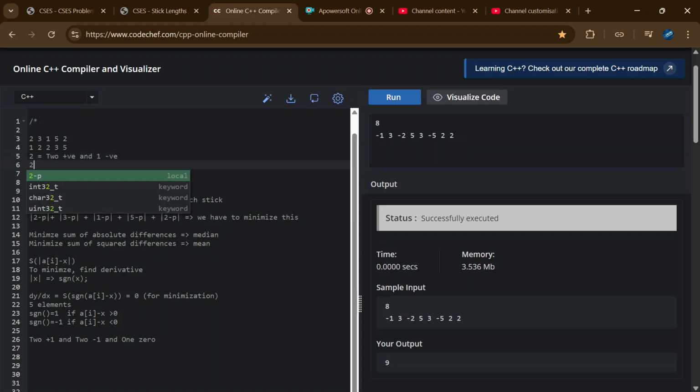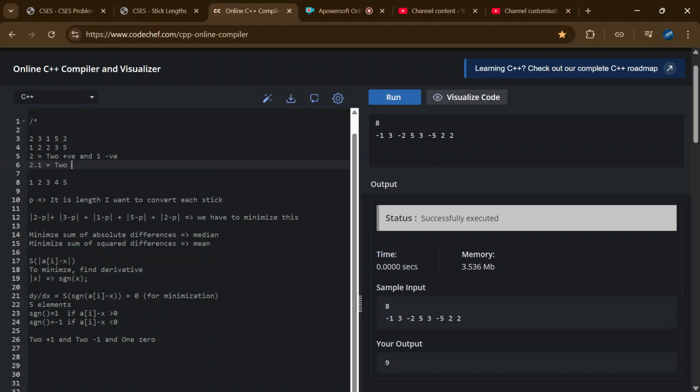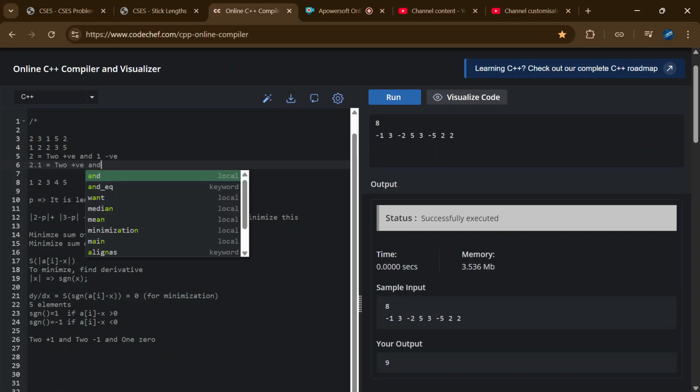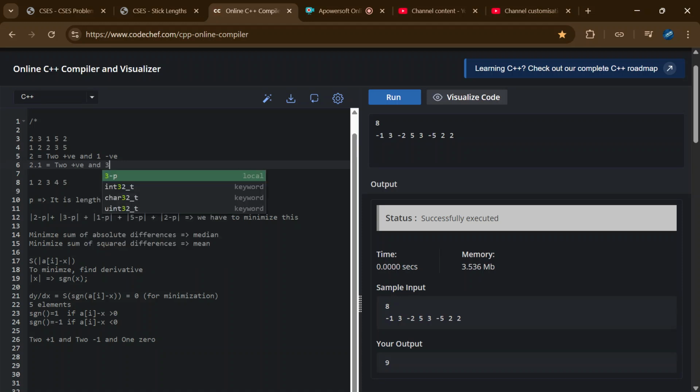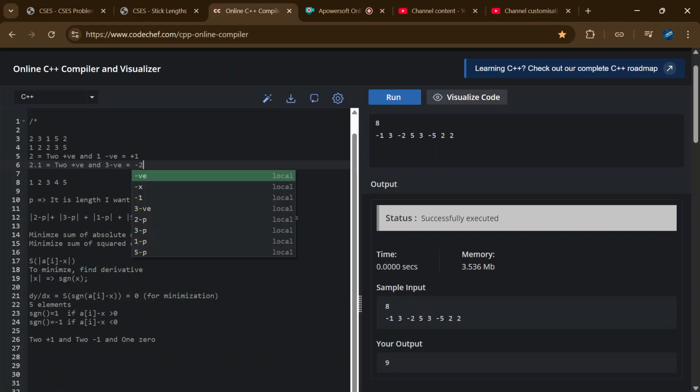If we have 2.1, we have 2 positives and 3 negatives. This making overall +1, and this making overall -2.